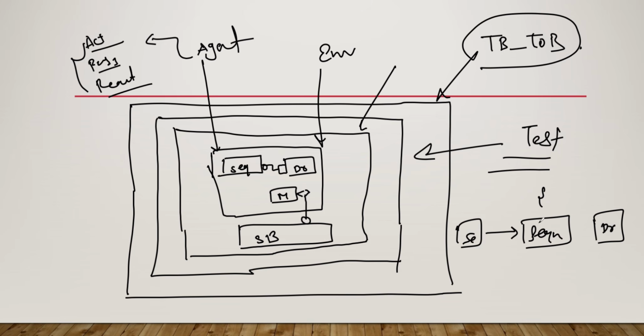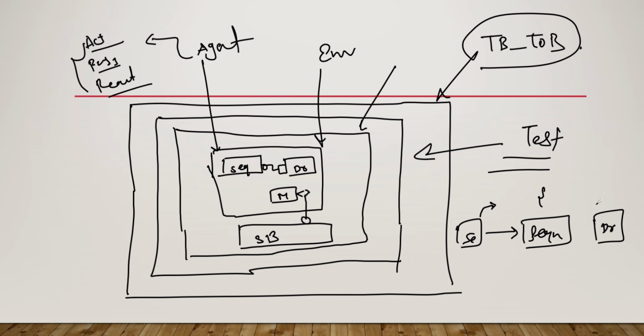The sequencer establishes coordination between your sequence and driver. So if you are randomizing something or passing the data, your sequencer will handle it and pass it to the driver whenever the driver is looking for the data. That's the role of the sequencer.